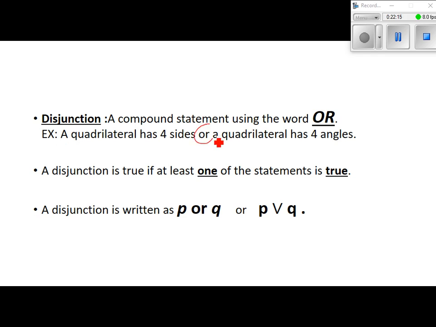See the word or here? You look at the two parts. A quadrilateral has 4 sides. Is that true or false? True. A quadrilateral has 4 angles. True or false? True. Now with a disjunction, only one of the parts has to be true for the entire thing to be true.